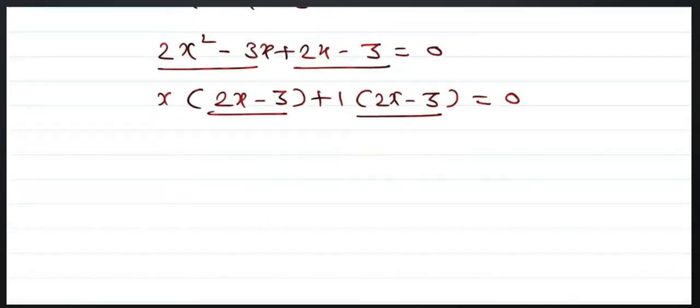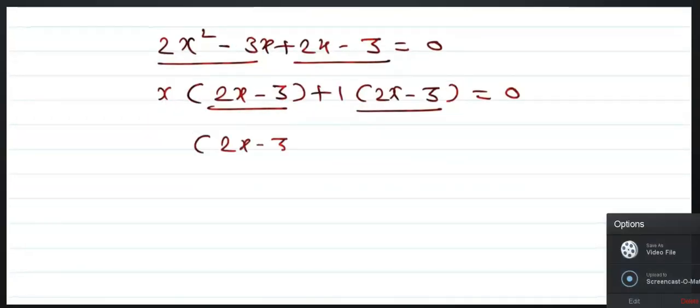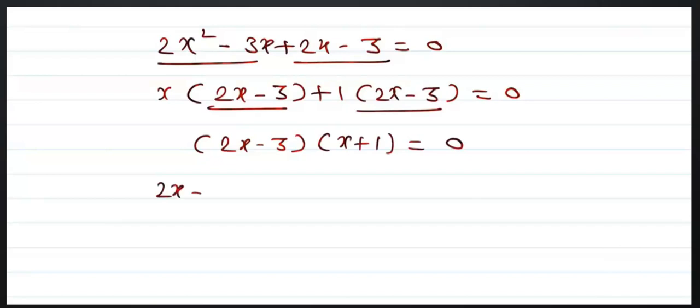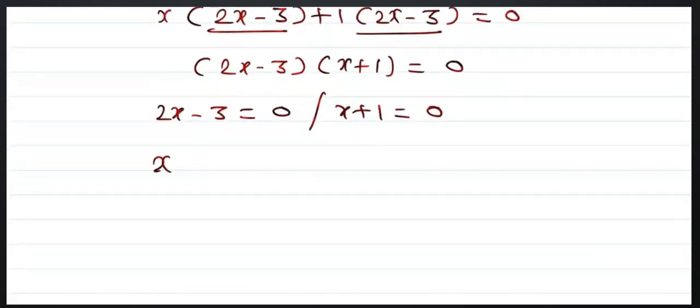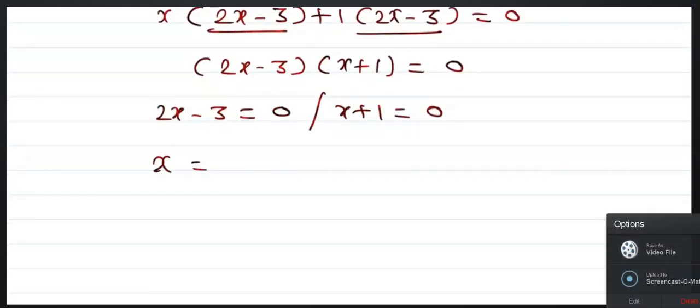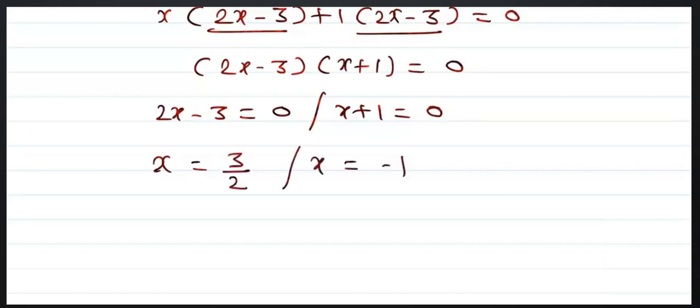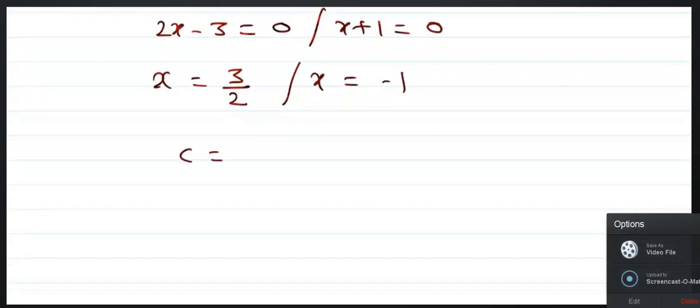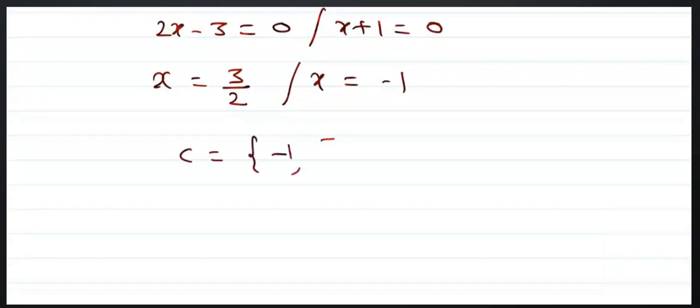This is the normal simplification of this quadratic equation. The values of x are x is equal to 3 by 2 and x is equal to minus 1.